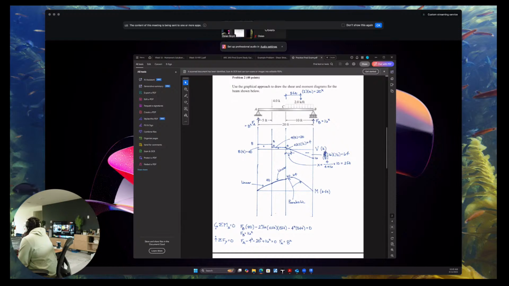Then we'll calculate the area under the shear diagram from 10 to 20 feet. The shear value is +4, then shear is -16, and the width is 10 feet. So if you take 1/2 times 4 plus -16 times 10, it's -60.